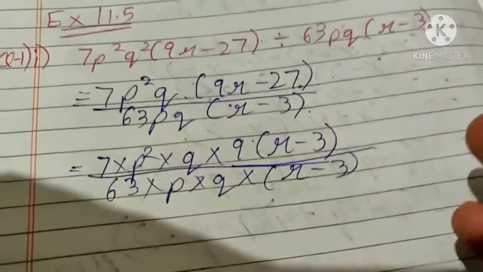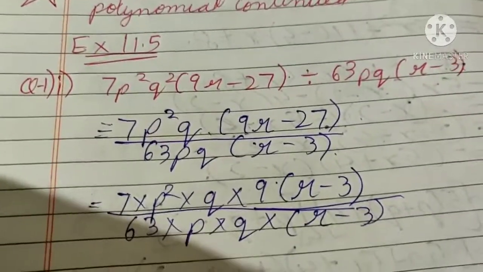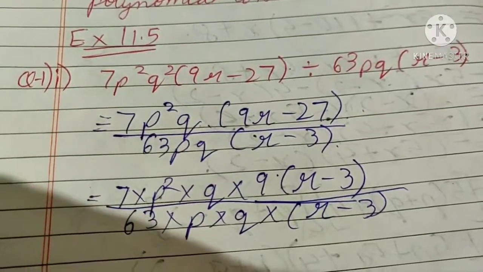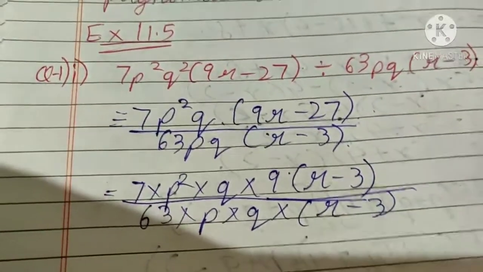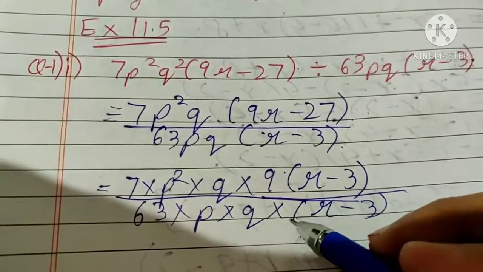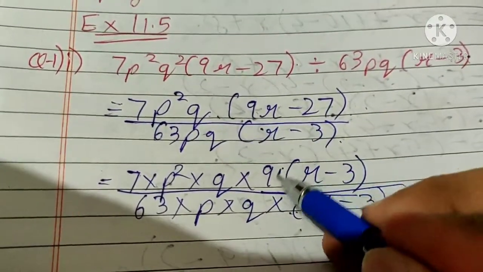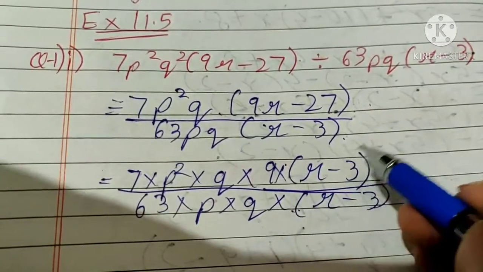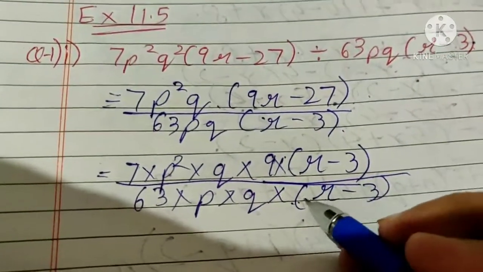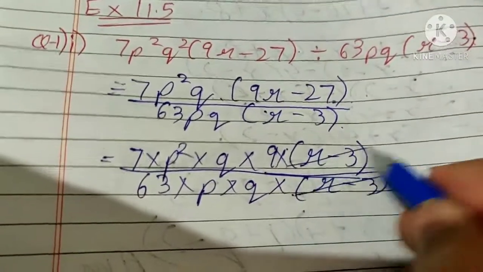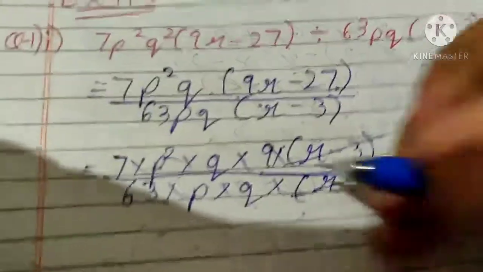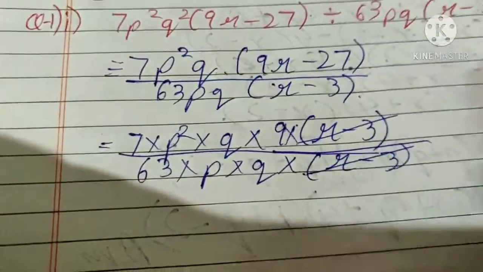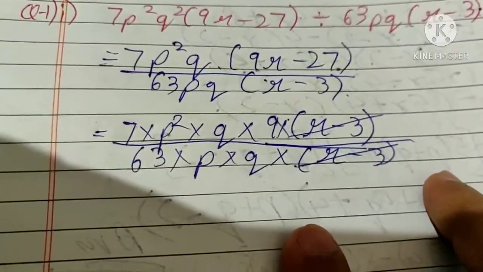First we break the numerator and the denominator of the polynomial into their factors. Now this whole r minus 3 is multiplied in the numerator and in the denominator, so this whole r minus 3 and r minus 3 is cancelled. This whole term is cancelled, not r and 3 and 3 separately, but as a whole.